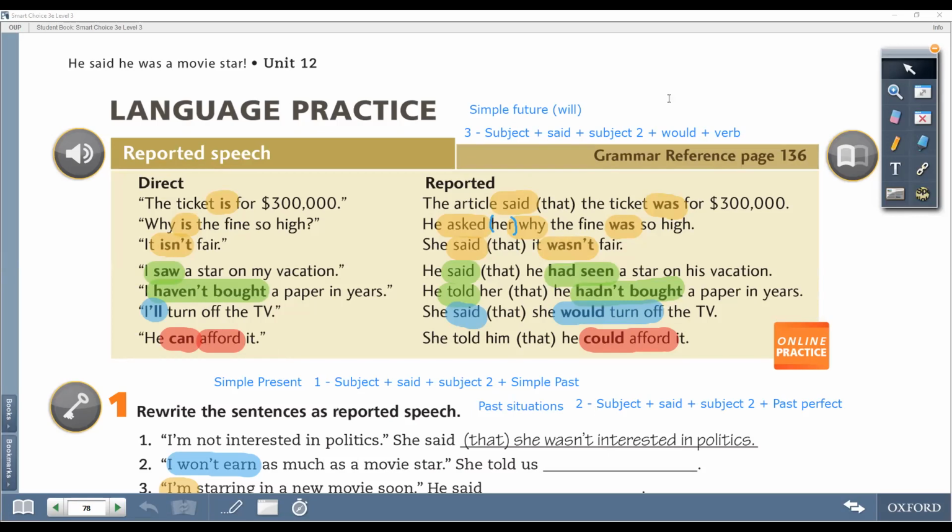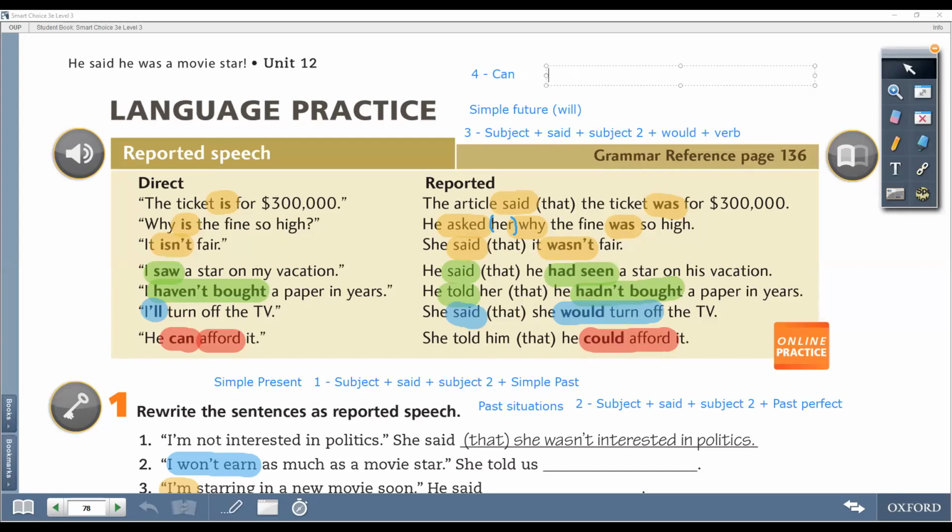Okay. So let's put here situation number 4. This is 1, 2, 3, and 4. Situation 4 is when I use the modal verb can. So how can I transform that into indirect speech? So let's put here, that's how we construct.